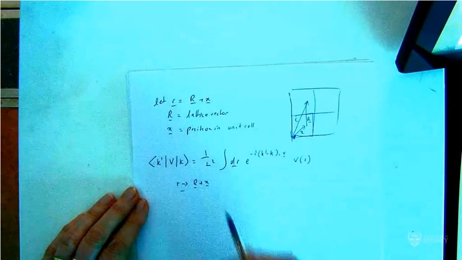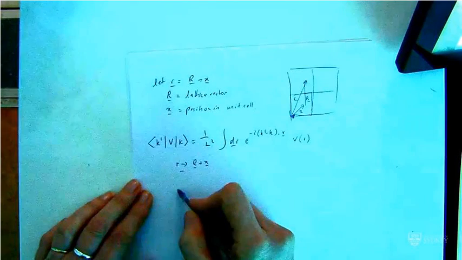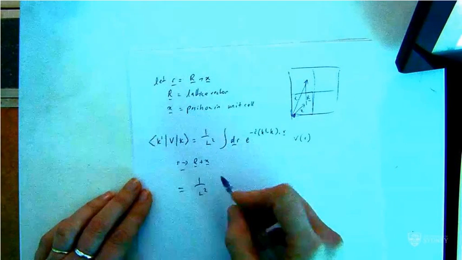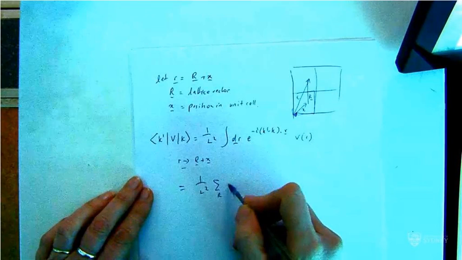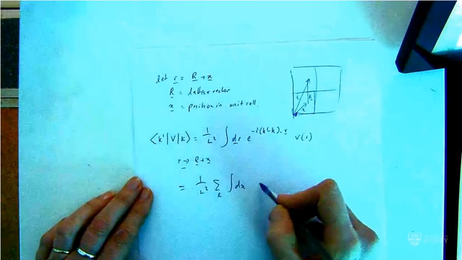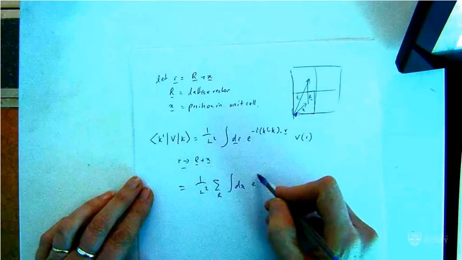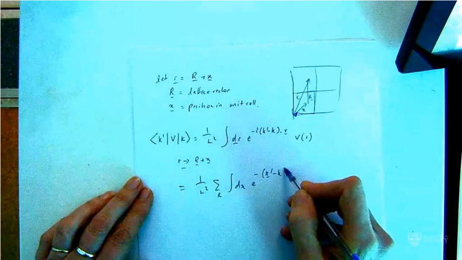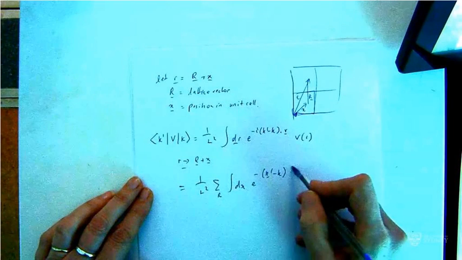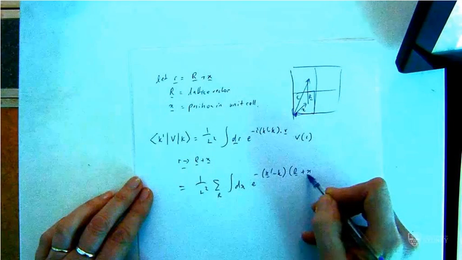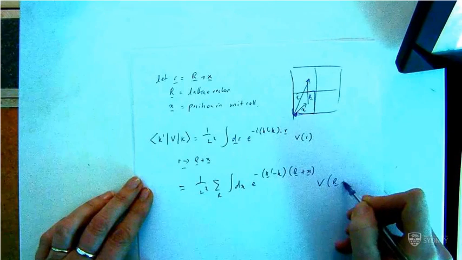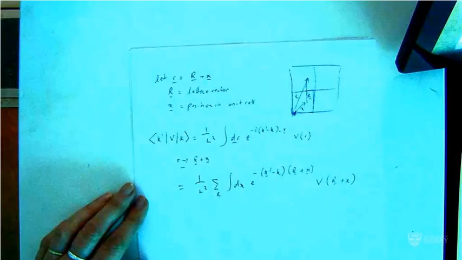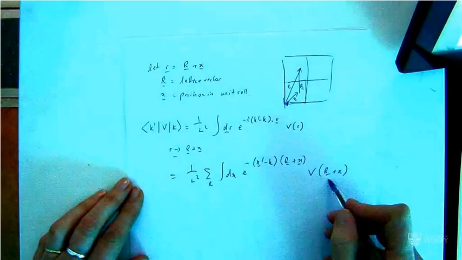Okay, so let's just rewrite that here, substituting in for r. And what we know, because this is a periodic potential, we've got a crystal, right?